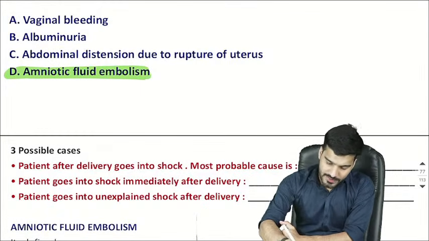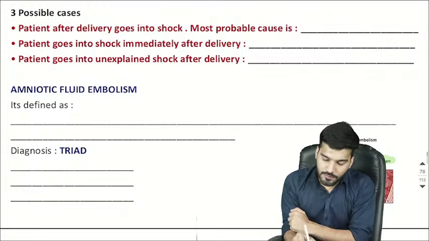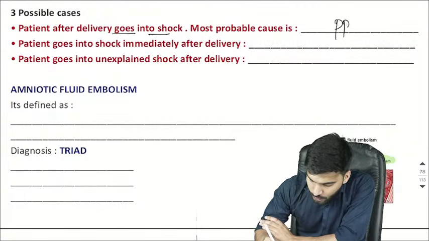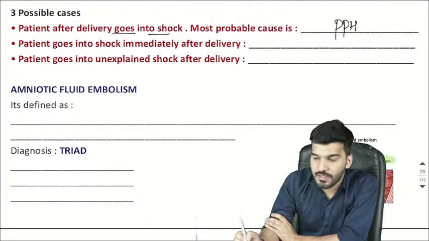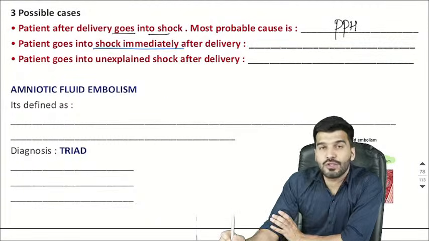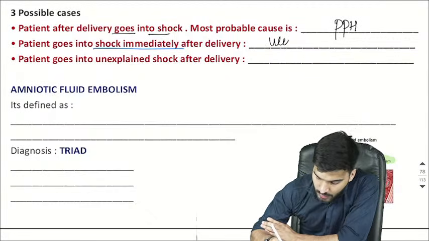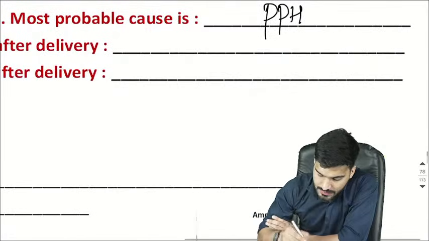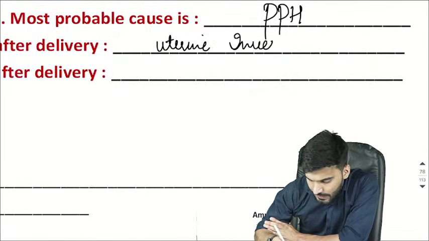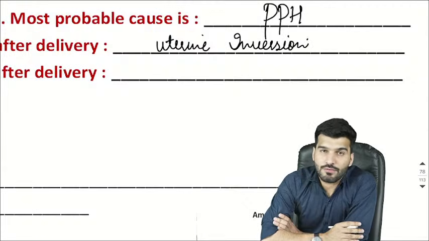Now we have three scenarios also. Whenever the patient after the delivery goes into the shock, normally think of a postpartum hemorrhage. But if it is mentioned that patient immediately goes into the shock just after the delivery, think of an uterine inversion. You have discussed in part 1 what was uterine inversion. It was simply turning upside down of the uterus, or prolapse of the fundus of the uterus into the cavity.